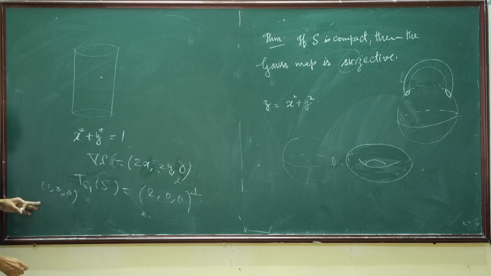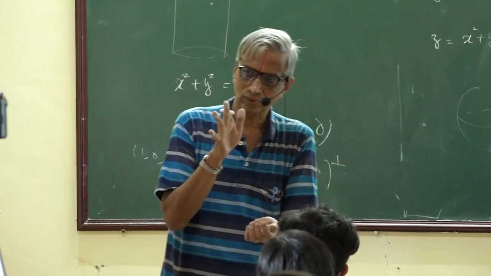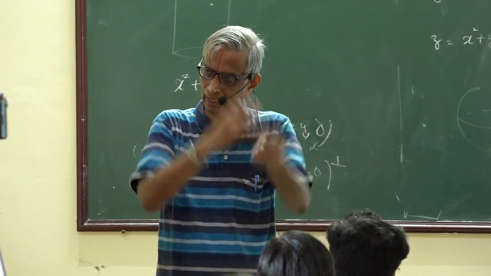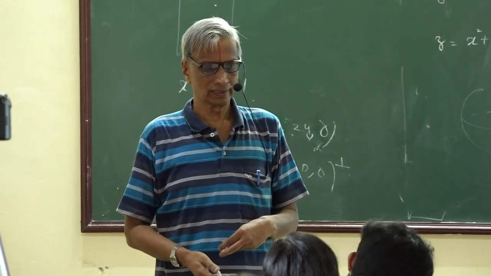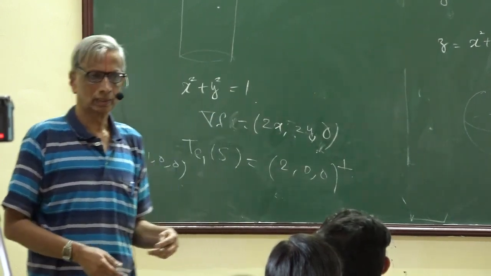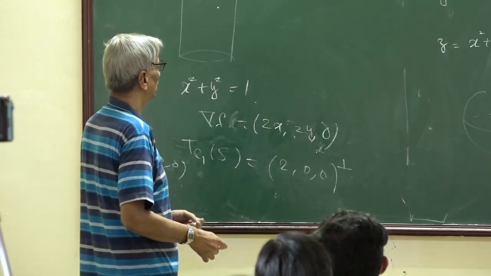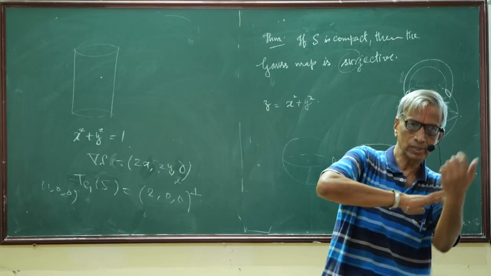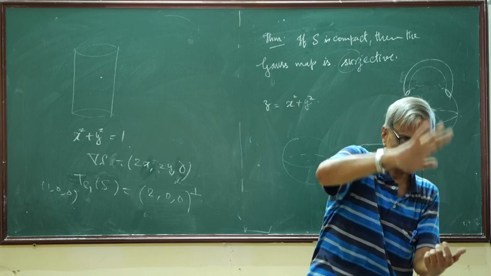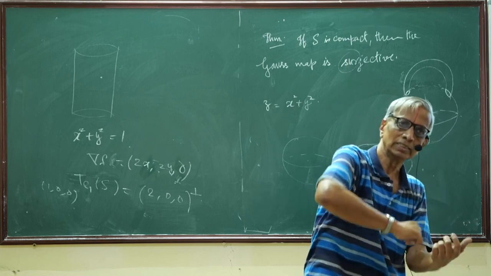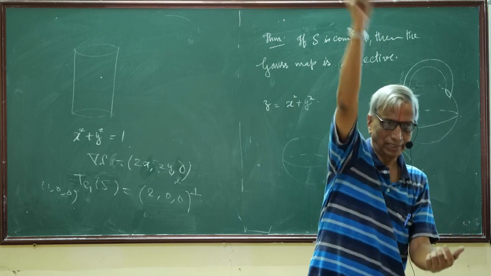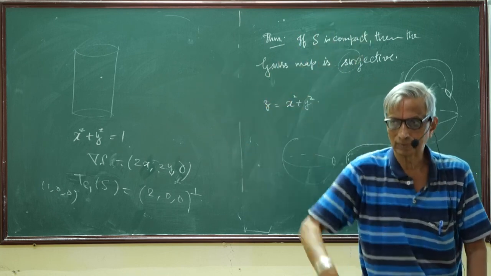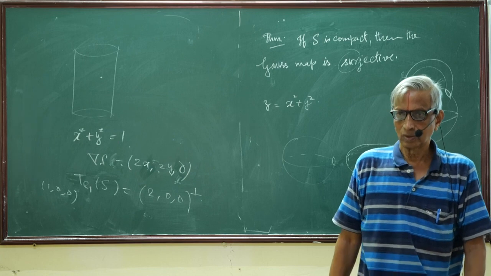What are the points of contact of this YZ plane and the cylinder? So the plane is going to touch the cylinder along a line, along a generator, so to say, these vertical lines.